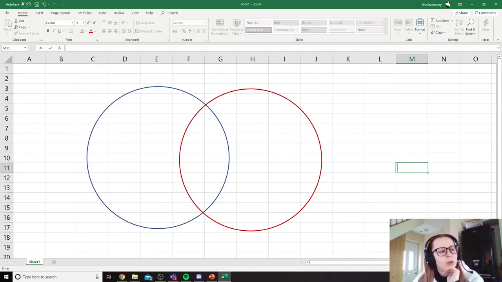Okay, so I just want to go over Venn diagrams because it can be confusing, especially with this wording that is on the PowerPoint. So let's go over what exactly Venn diagrams are.